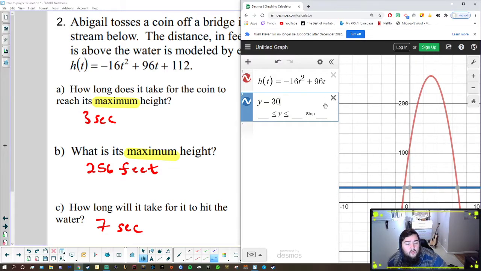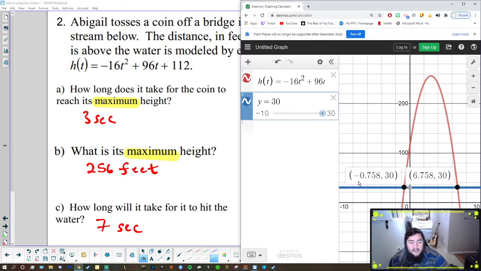We want to know, when is this coin at 30 feet? So we graph this line. Again, we get 2 points where our graphs intersect. One at -0.758 and one at 6.758. Now, one of these we can't use. We can't have negative times. So this is the only point that makes sense.